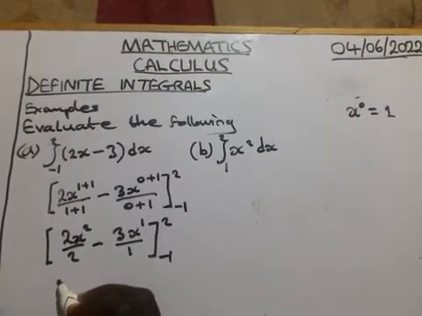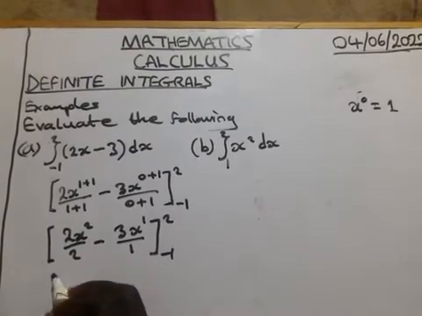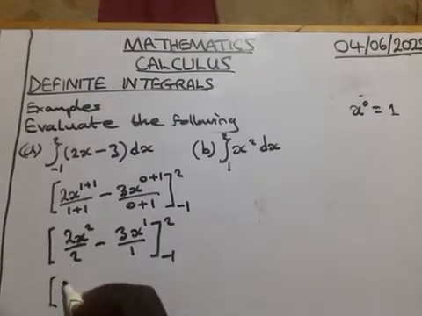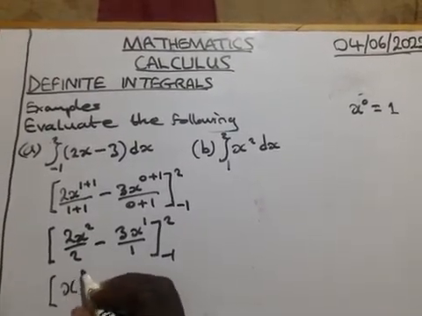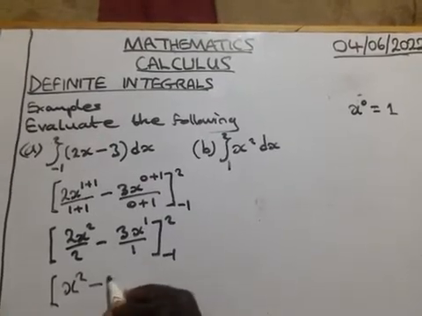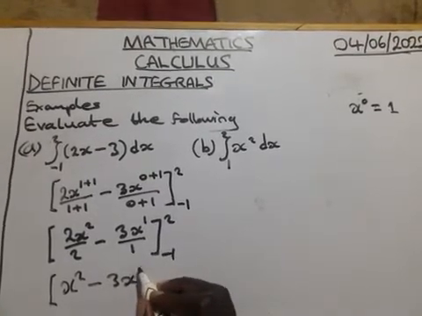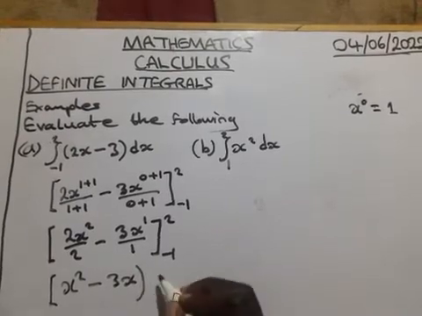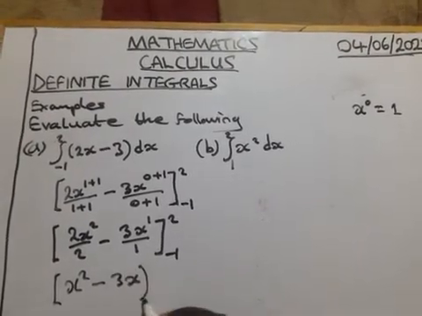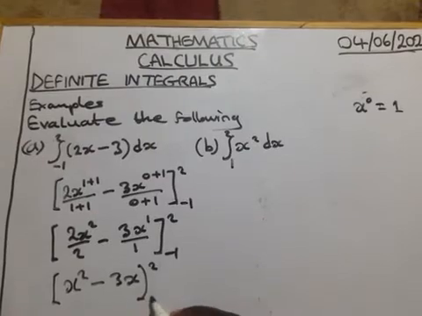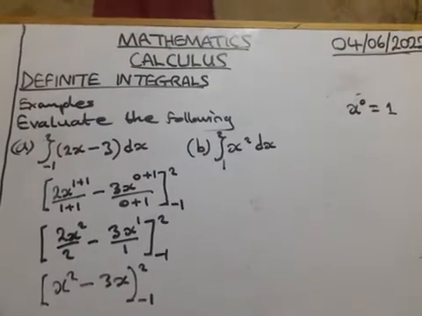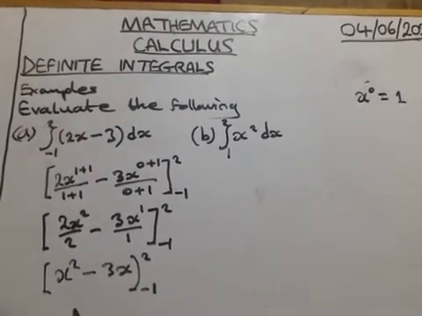So 2 into 2, it's 1. So it will be x to the power 2 minus 3x to the power 1, which is x. Upper limit, lower limit.